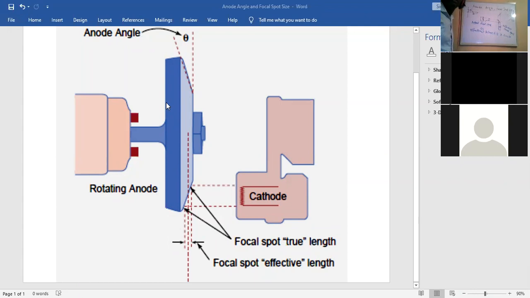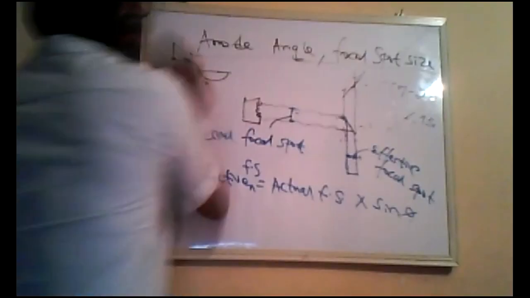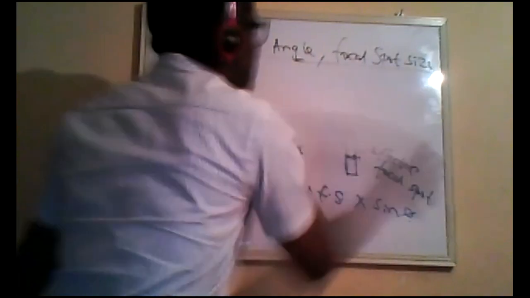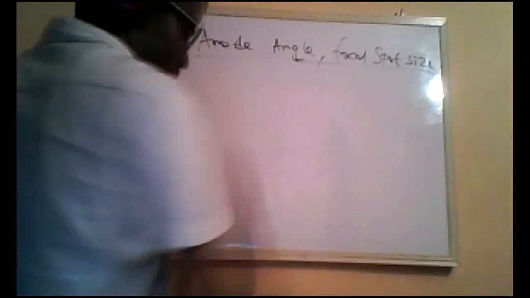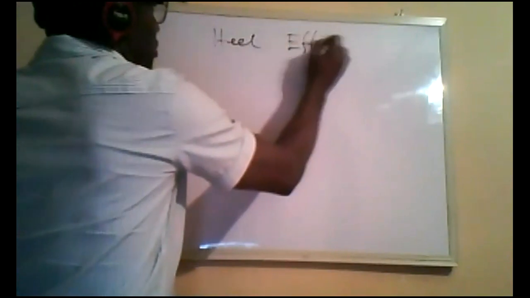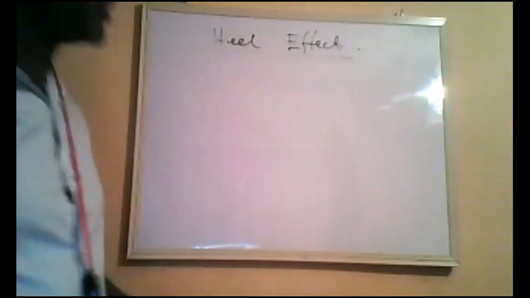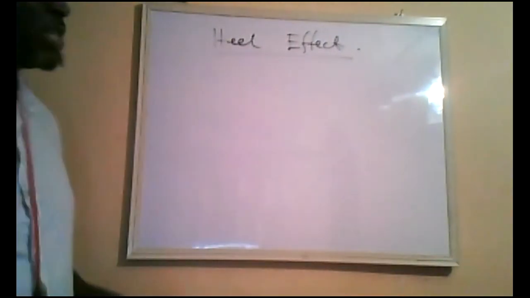Okay, let me stop this and go to another effect, a very, very important effect that we have in X-ray, which is the heel effect. The heel effect is actually the reduction of the X-ray intensity, the X-ray energy, towards the anode side of the machine.